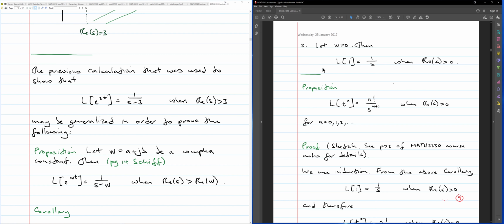So Laplace of 1 is equal to 1 on s, and you have convergence when the real part of s is bigger than the real part of w. Now, the real part of w when w is 0 is just 0, so I end up with Laplace of 1 is equal to 1 on s when the real part of s is bigger than 0.